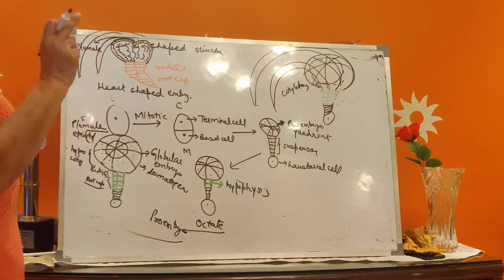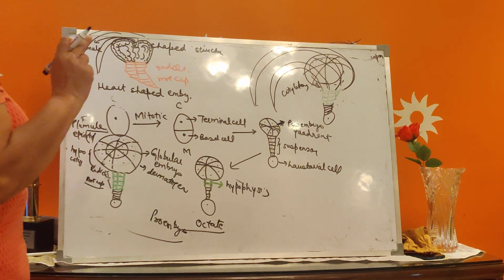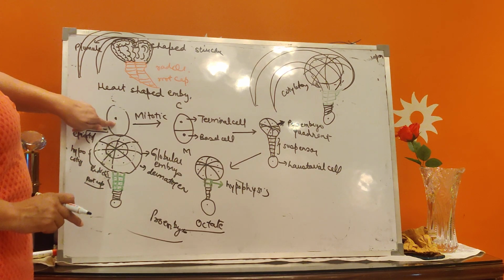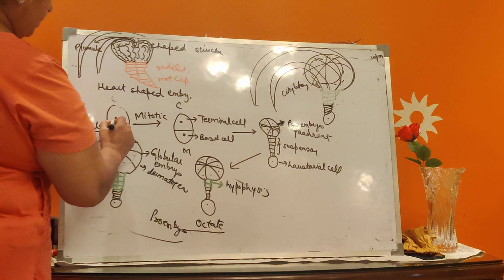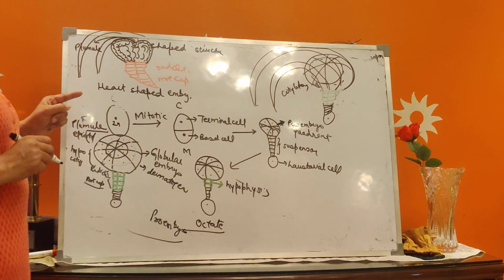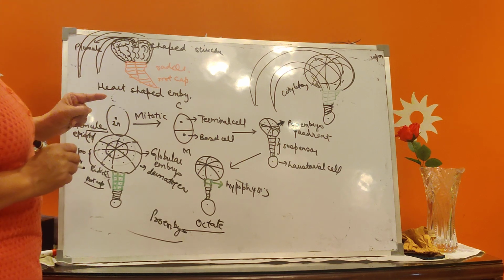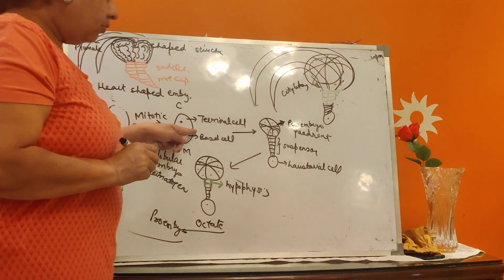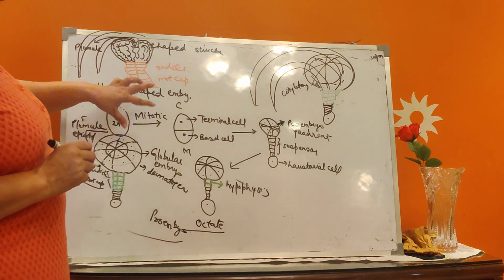So first I am repeating again the whole process. Listen to me carefully. There is a single celled structure that is called zygote. At the time of dicot embryo formation, it undergoes a mitotic division and forms two cells.